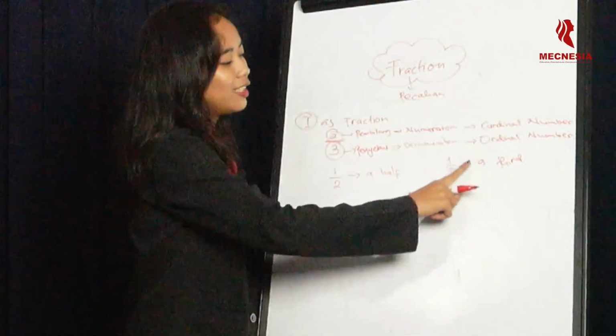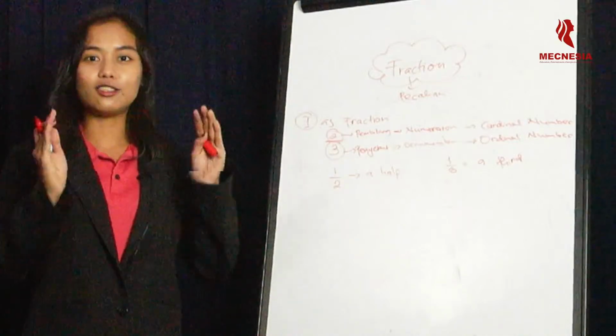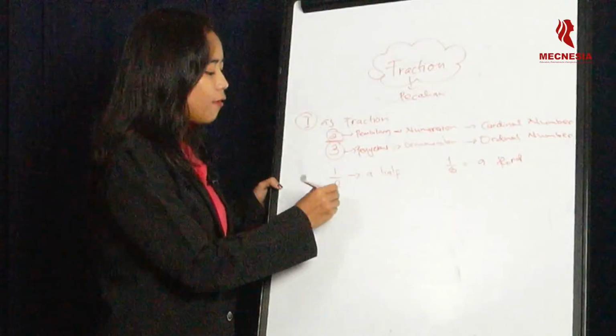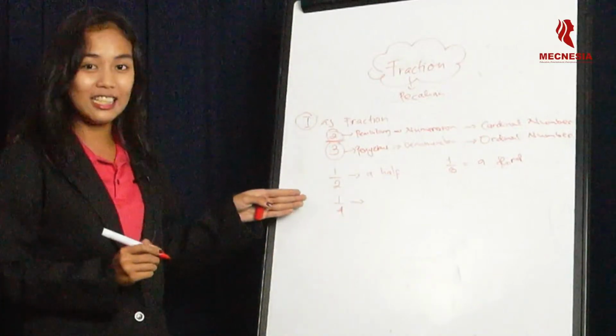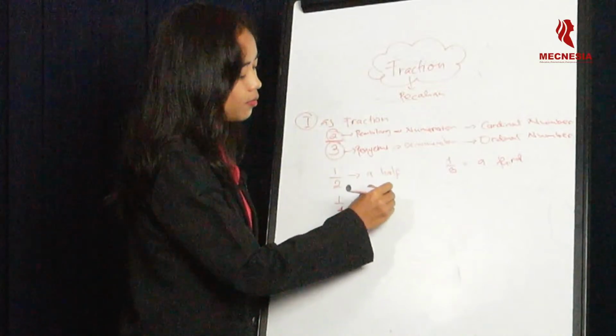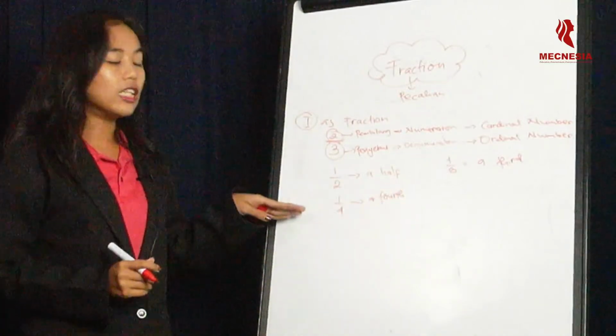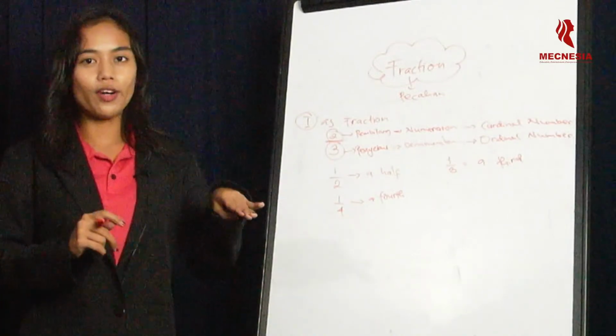Well, kata one di sini bisa diganti juga pakai a. One third. It's also the same. Next, we have 1/4. 1/4 is a fourth. A fourth. Once again, a fourth.